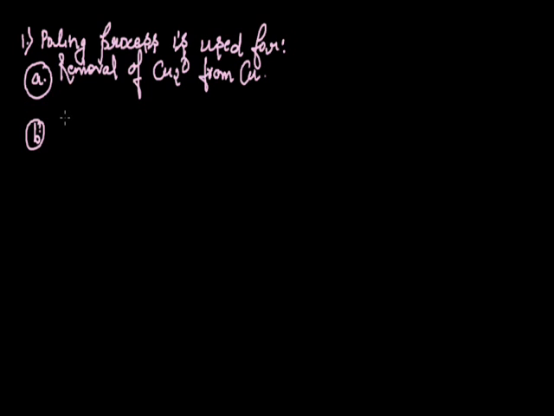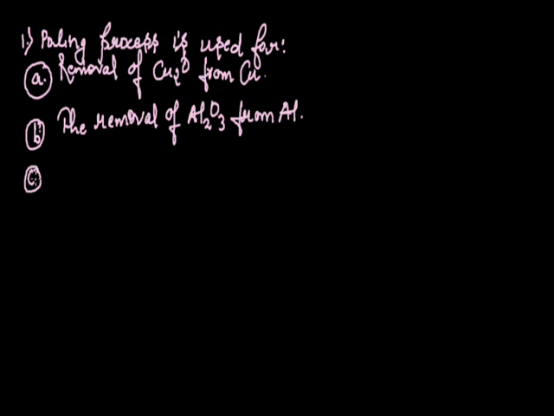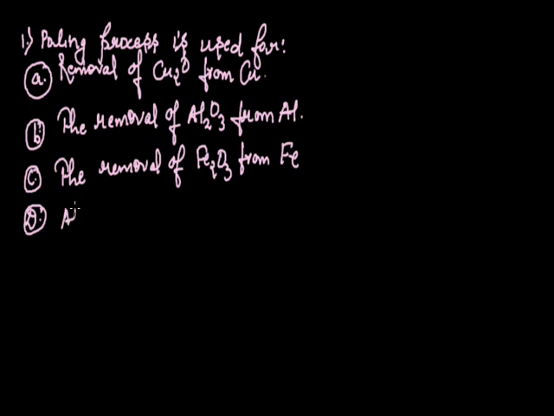Option B is the removal of Al2O3 from Al. Option C, the removal of Fe2O3 from Fe. Option D is all of these.